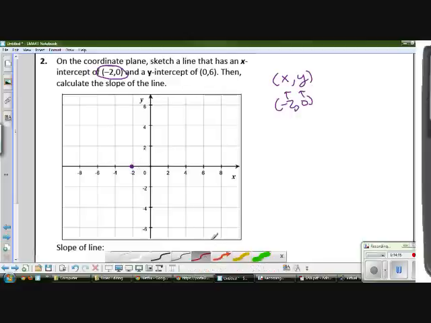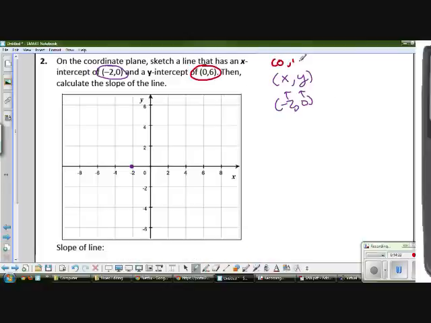Now we're asked to calculate the slope of this line. Luckily we already have a set slope triangle for us. Please recall that the slope of any line is defined to be the change in y over the change in x, which is the same as saying it is the rise over the run.